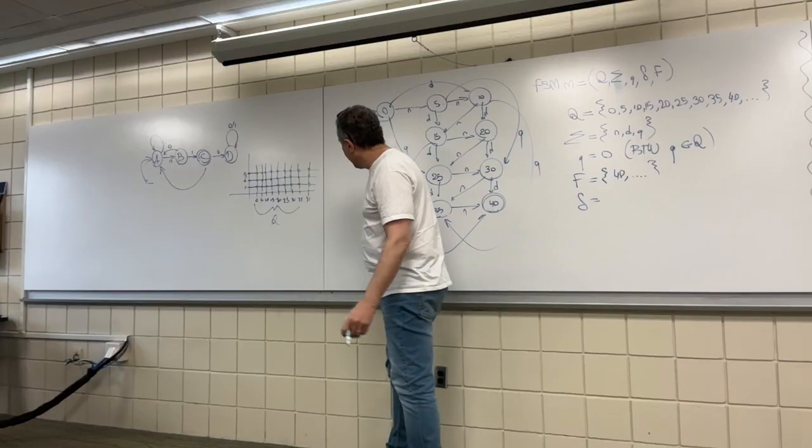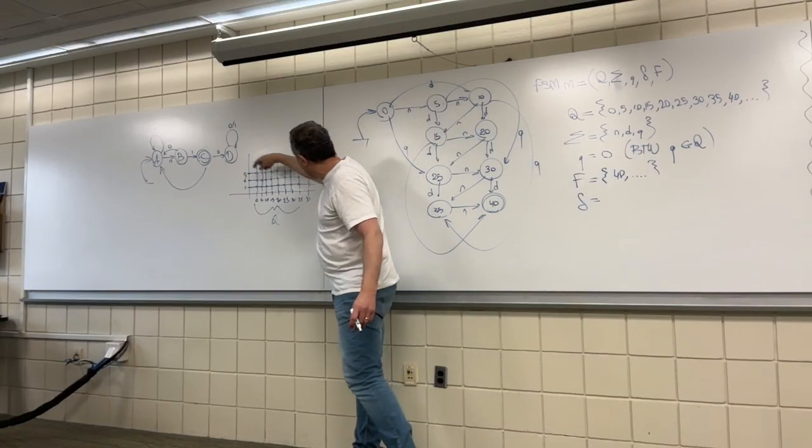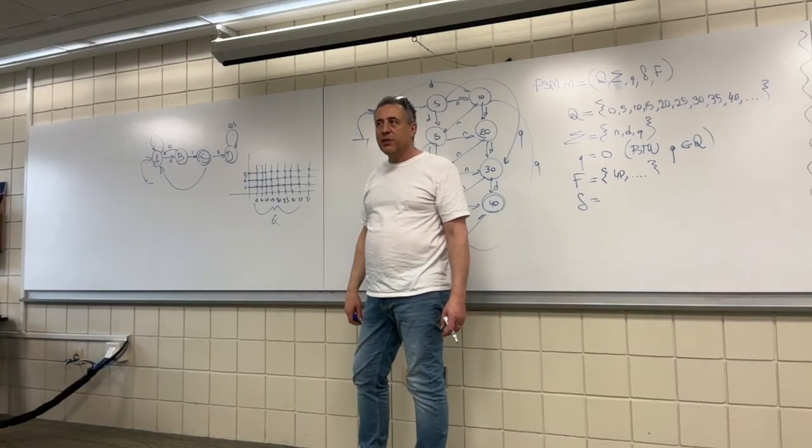How many of those do I have? I have 2, 3, 4, 5, 6, 7, 8, 9 by 3, 27. I have 27 elements in the domain of this transition function.